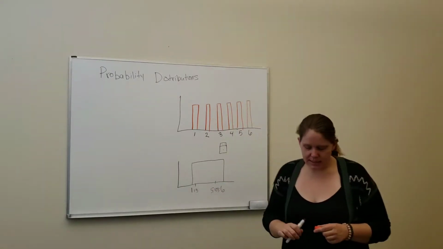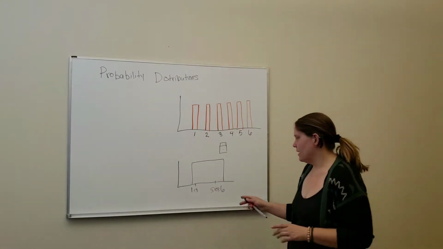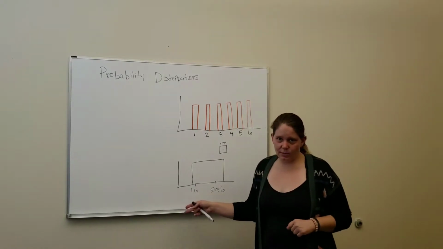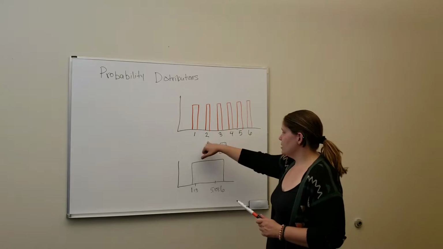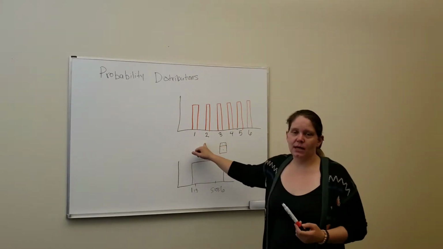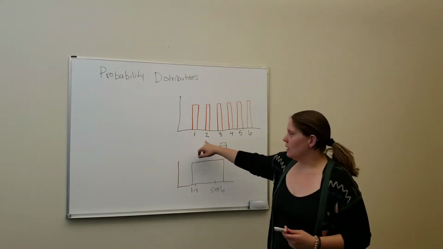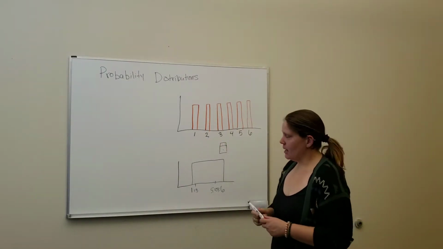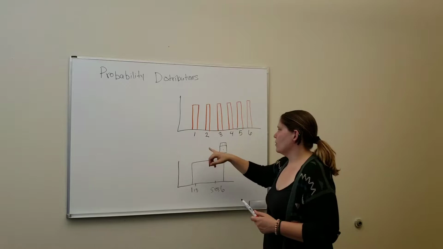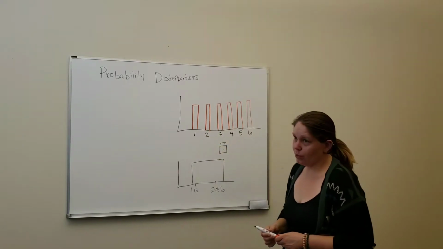So uniform is representative of a continuous variable along the x-axis, whereas our visualization of rolling a dice would be a discrete variable because there's only 6 discrete outcomes and there's no possibility of rolling a dice and getting like a 1.5.